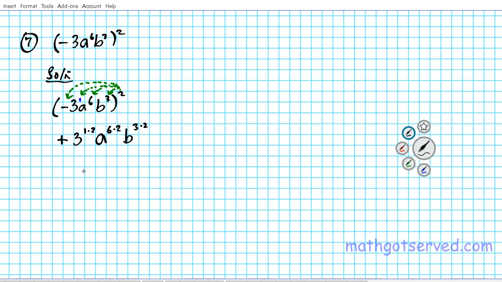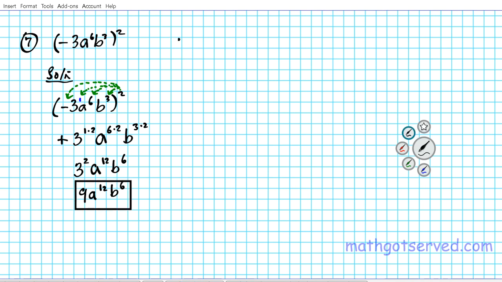Let's simplify that. We have 3 raised to the 2nd power, a raised to the 12th power, b raised to the 6th power. 3 squared is 3 times 3, which is 9. So 9a to the 12th, b to the 6th is the answer to question number 7.